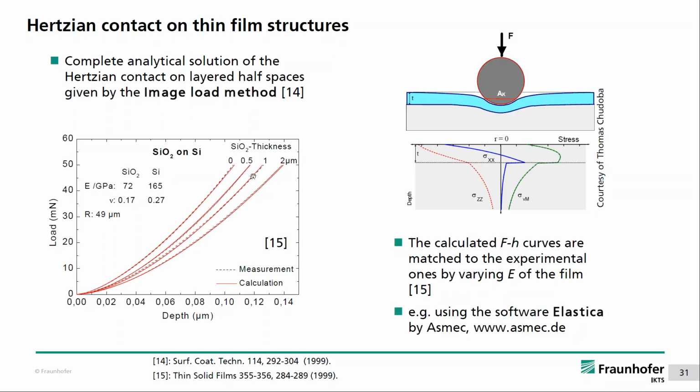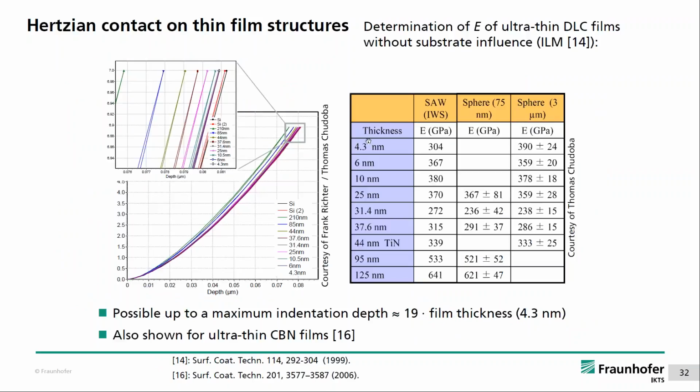With this image load method you can then fit elastic contacts of thin film systems and correct the data for the substrate and get purely the thin film moduli. And with this, you're able to really study extremely thin films, like shown here. You can get the modulus of single-digit nanometer thin films. So it's a pretty powerful tool and solution.